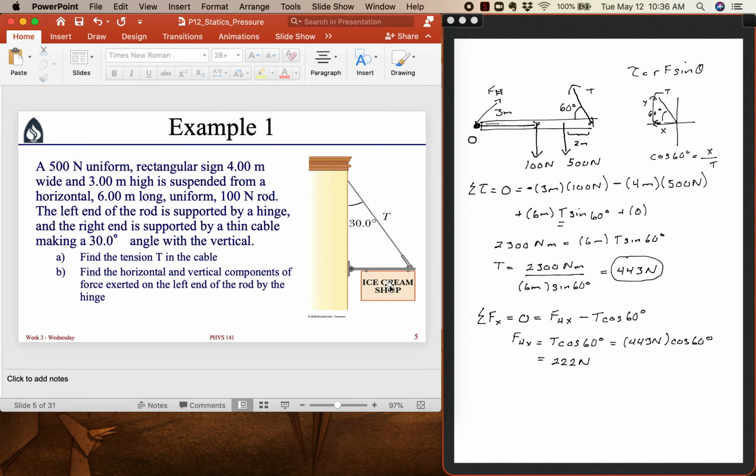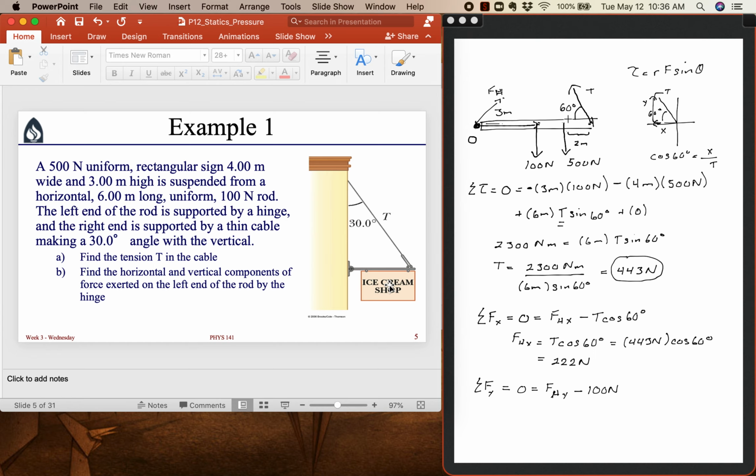And then similarly to find the y component, I'll want to sum all of the y component forces, and those will sum to 0 since nothing is moving. And so that's going to be equal to the y component of the hinge force, so force hinge y. And then I have the 100 Newton force pulling in the minus y direction.